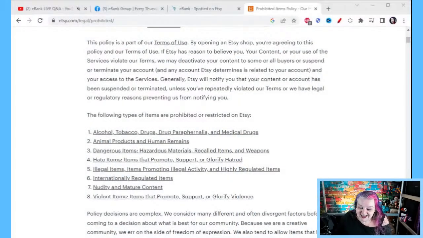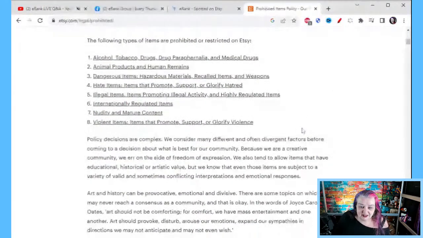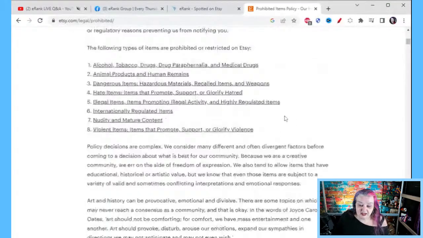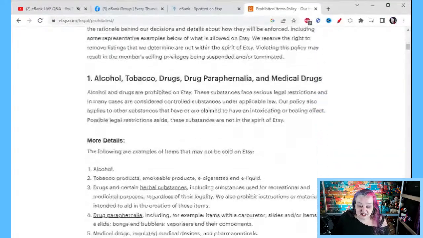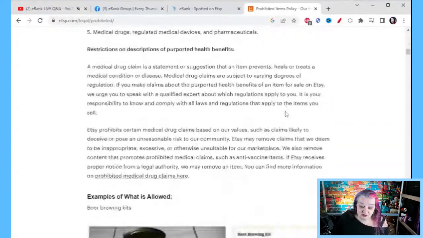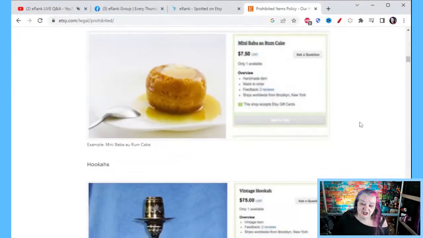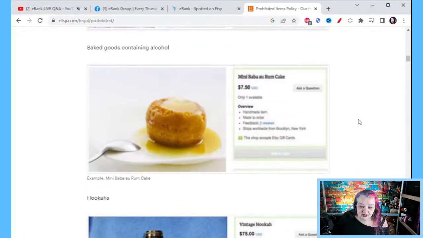Just checking, I'm not looking at anything dodgy, but I'm always terrified that I am. Okay, so this is the Etsy legal prohibited items policy. What you can do, obviously, is dispute it or message Etsy, but quite often they won't pre-approve things.